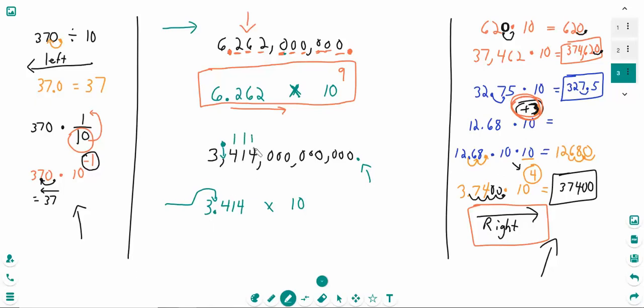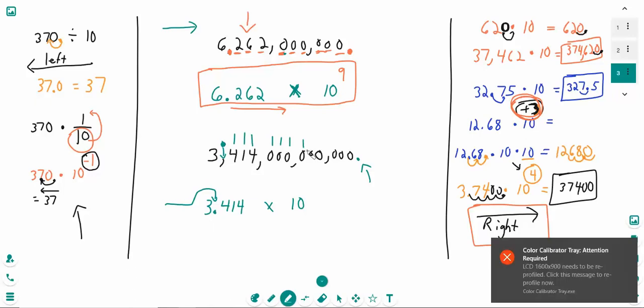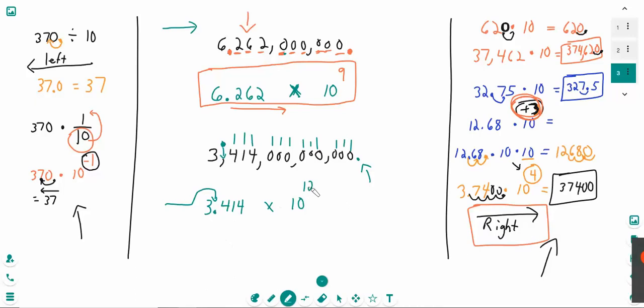Once, twice, thrice, 4, 5, 6, 7, 8, 9, 10, 11, 12. 12 times. So this is going to be 10 to the 12th. And again, it's a positive 12 because we would have to move this to the right, so we'd be using positive exponents. Excellent. Let's try some more of these.